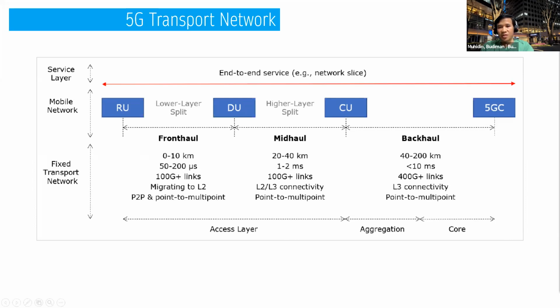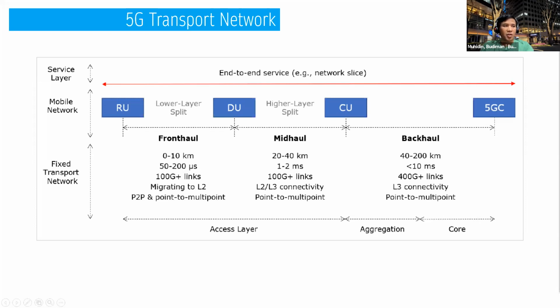For 5G transport, we have split into some parts which have low thresholds for latency. In fronthaul, for example the DU and RU connection, we have latency within 50 to 200 microseconds, and the distance allowed is up to 10 kilometers.